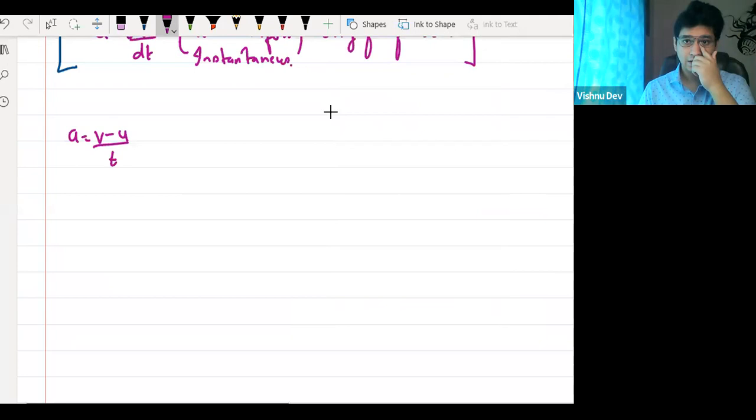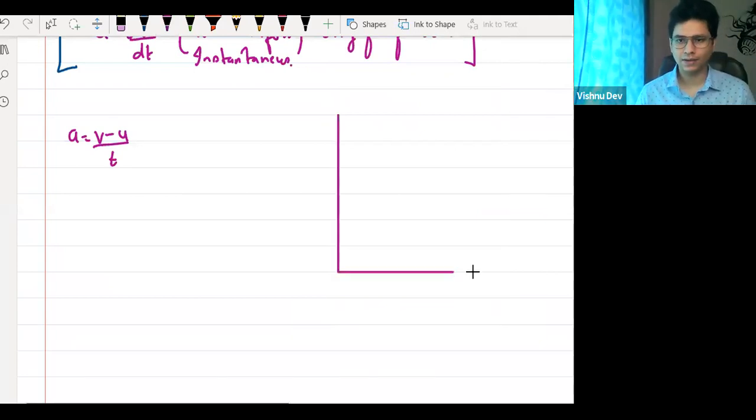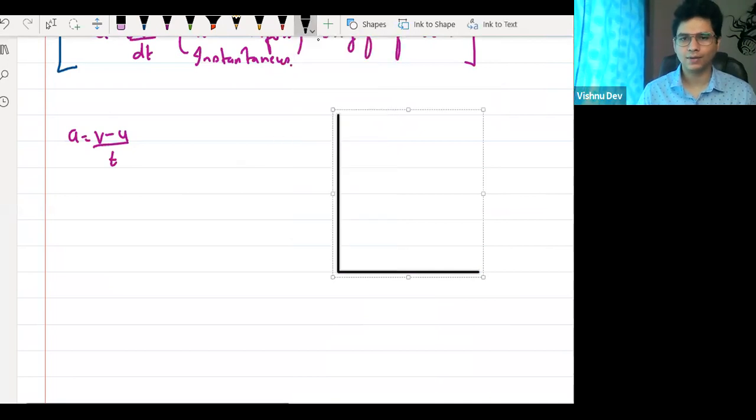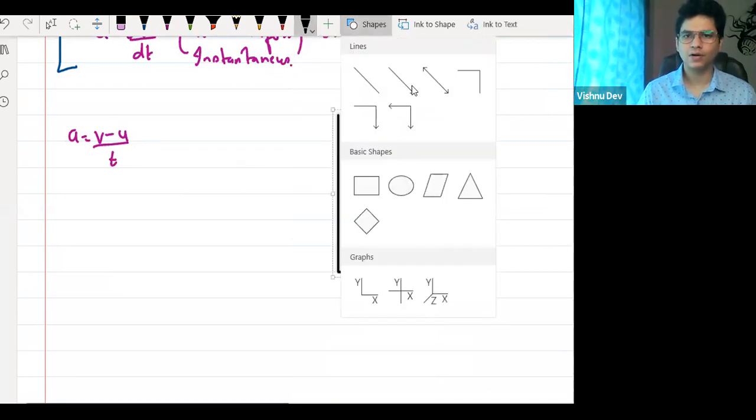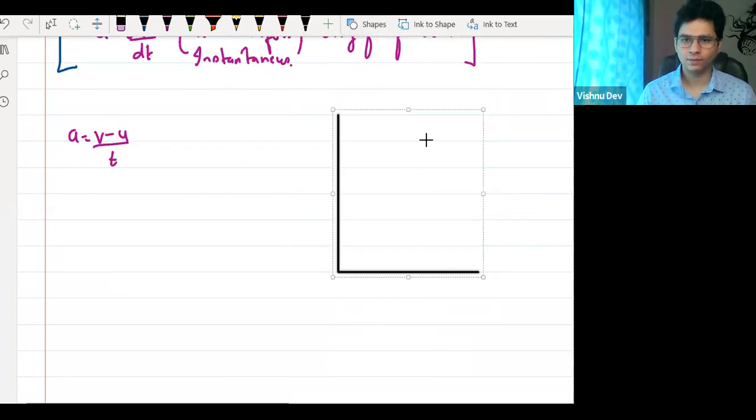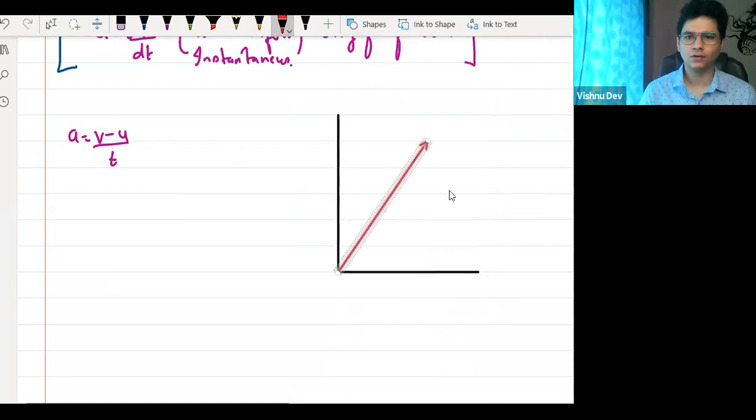Now we know that, sir, it is an equation which we found using the concept of slope. Ayana, using the concept of slope, right? Got it? So I'm having a slope like this, right? This is a slope. This is your VT graph. At this point, the velocity is u initially.